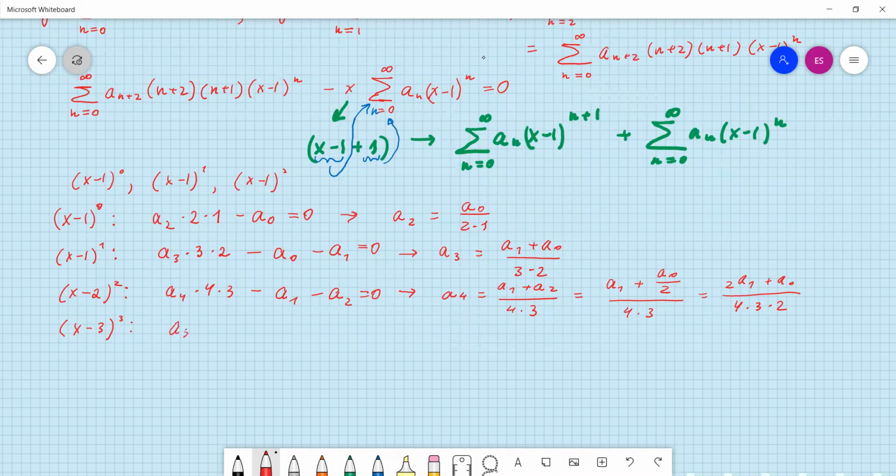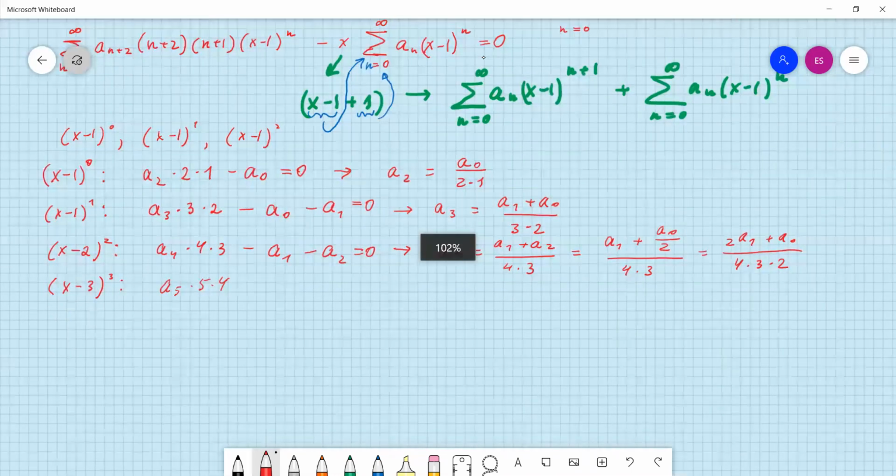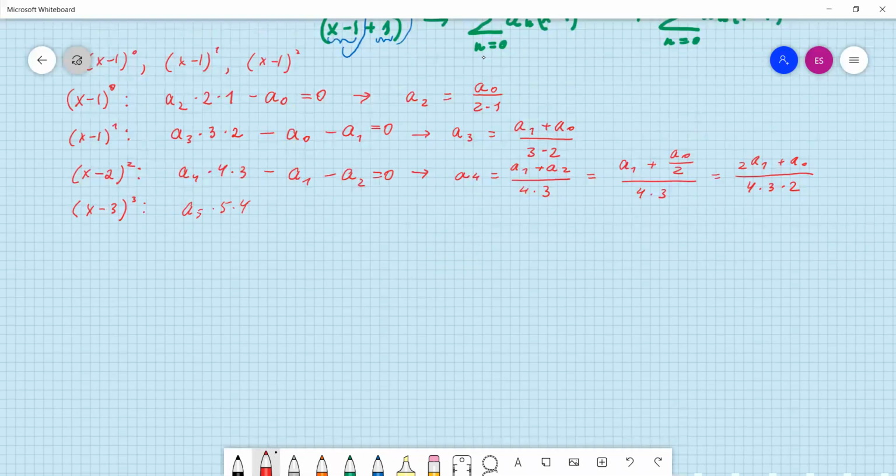So a5 by 5 multiplied by 4. I'm going to scroll a little bit up. Minus a2 minus a3 equals 0, and we are going to have a5 equals a2 plus a3 divided by 5 multiplied by 4, and we do know some coefficients already. We know a2 and a3, so I'm going to write down a2 first.